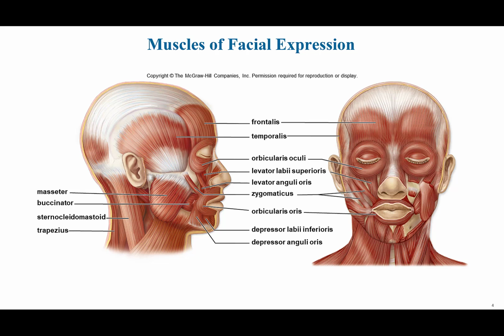These muscles are also considered to be muscles of facial expression, because with these muscles, they help you make faces. Could be a sad face, a funny face, a happy face, whatever that face is. You use these muscles to make faces.